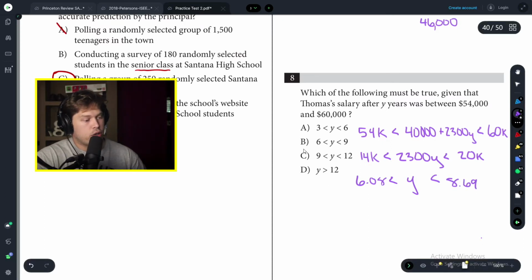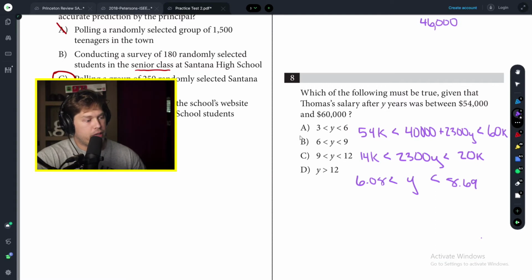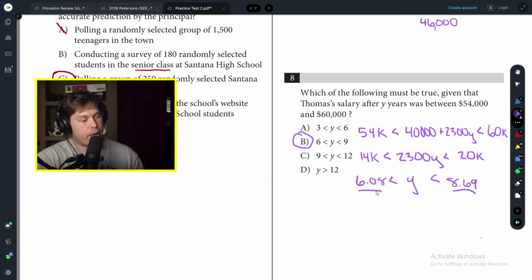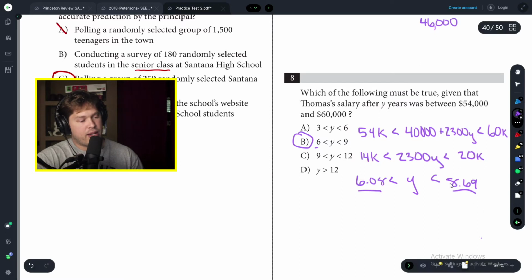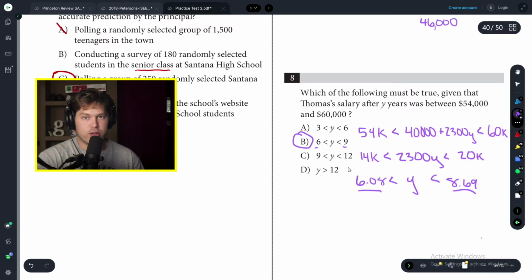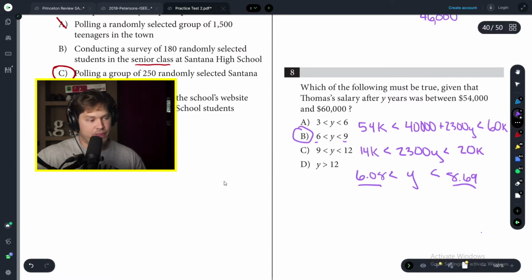So our answer for number 8 is going to be choice B. So notice that these values aren't 6 and 9 exactly. However, 6.08 is a tiny bit more than 6, and 8.69 is a tiny bit less than 9, so it will still fit into this inequality perfectly.